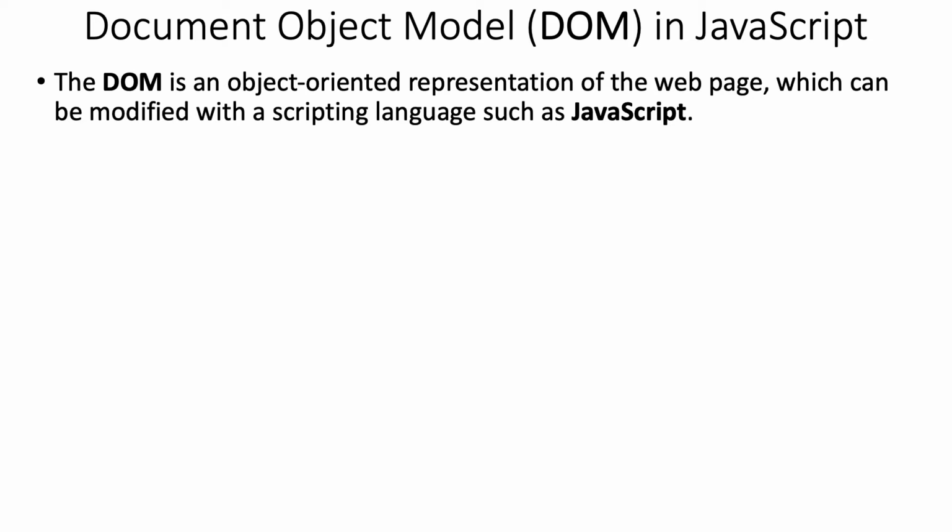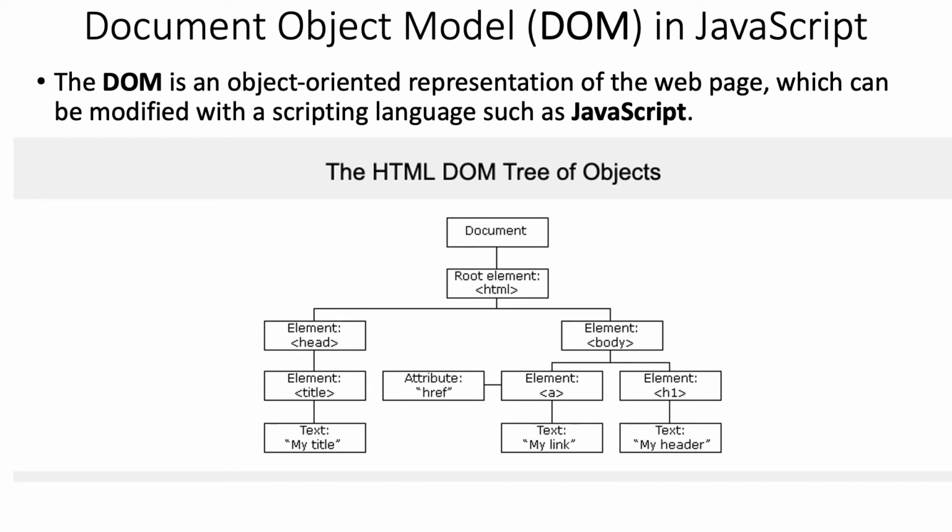If you look at the DOM tree, you have a document, and you have the root element, then you have the element called head, and inside that you have a title and other values, and you have the body, and you have elements that you're going to identify, and types of elements, so all the H1 elements have specific text. This is what we mean when we talk about DOM.